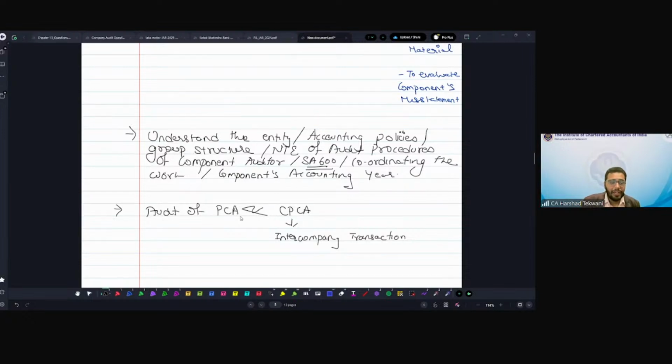For example, unrealized profit on inventory or assets, elimination of unrealized profit. You will see in your FR also the calculation of unrealized profits and their impact. But again, these are current period consolidation adjustments, because they are not going to remain the same year on year. Their value will change. You might have unrealized intergroup profits, you might not have unrealized intergroup profits the next year.